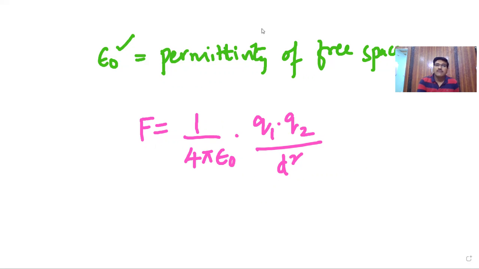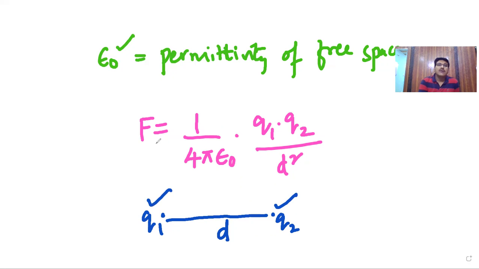If I represent it, let us say this is Q1, the first charge, and this is Q2, the second charge, and the distance between them is d. Then the force of attraction between Q1 and Q2 is given as F, where epsilon naught, that is epsilon, is the permittivity of free space.